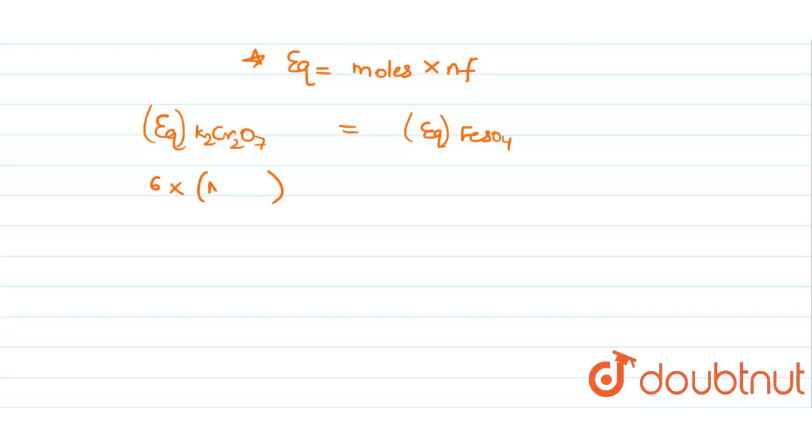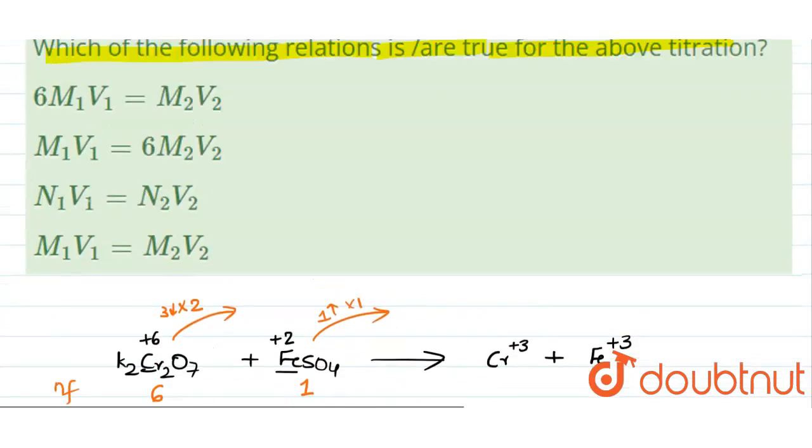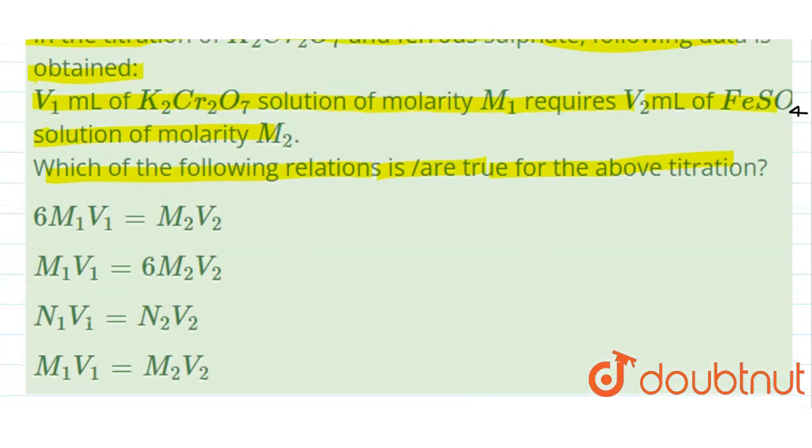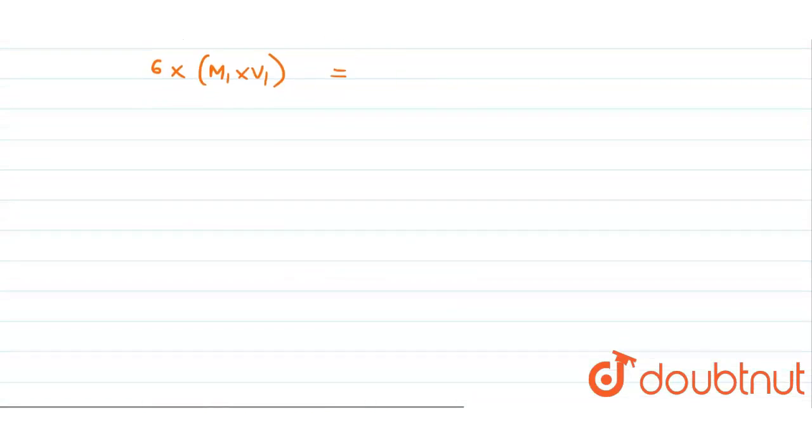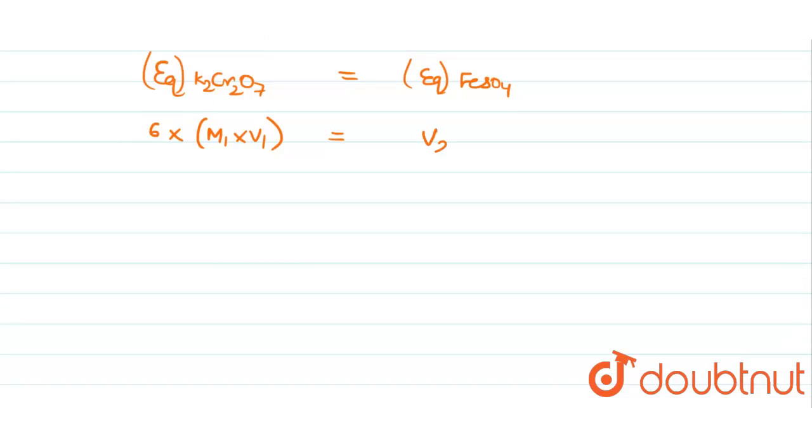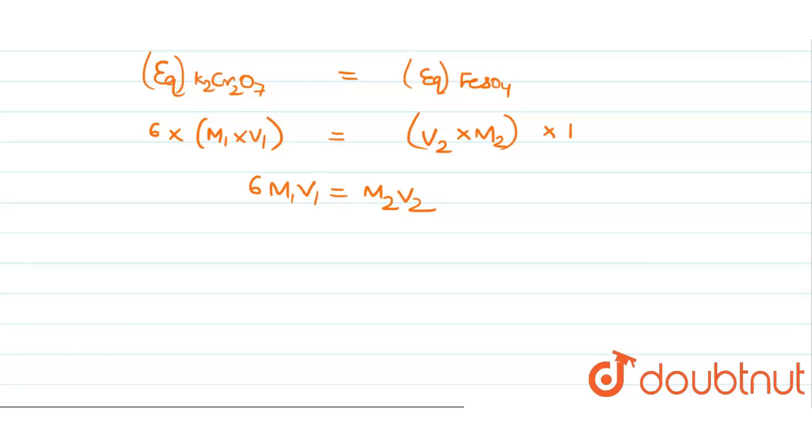So we had M1 into V1 is equal to, over here FeSO4 n factor is 1 and V2 ml of FeSO4 of M2. So we have V2 into M2 into 1. So we get 6 M1 V1 is equal to M2 V2. So this is one solution.